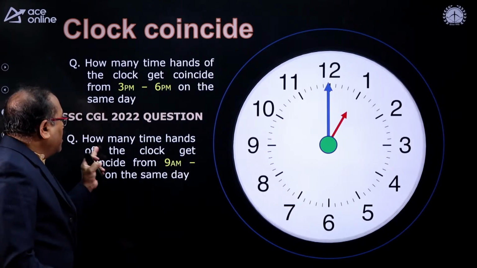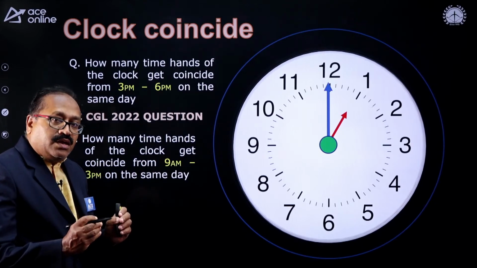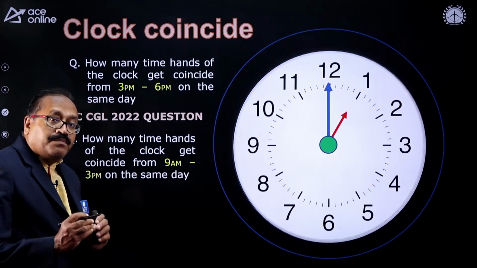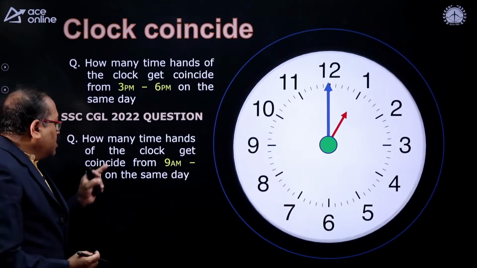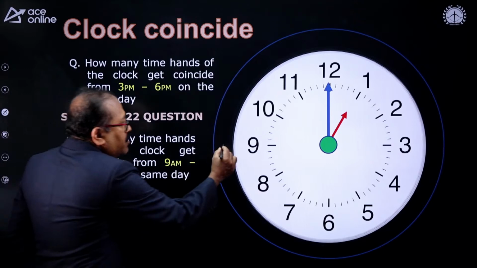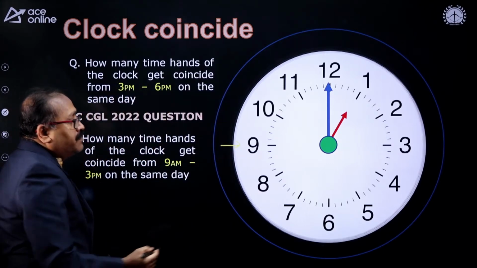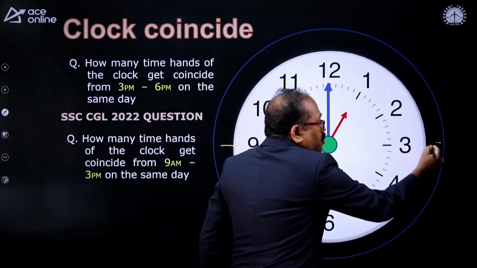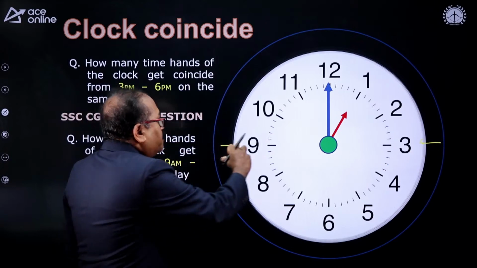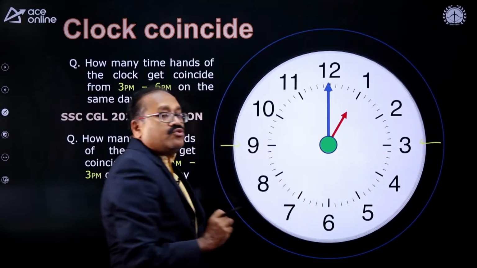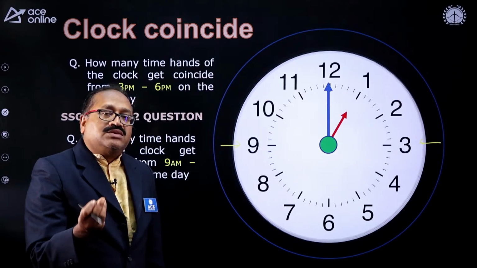Look at this one. How many times will the hands of the clock coincide from 9 a.m. to 3 p.m. of the day? That's how the exam question comes. So we are talking about this part, 9 a.m. to 3 p.m. If you do not know this, you will say that from 9 a.m. to 3 p.m. that's 6 hours, and in 1 hour one time, so 6 hours, 6 times.